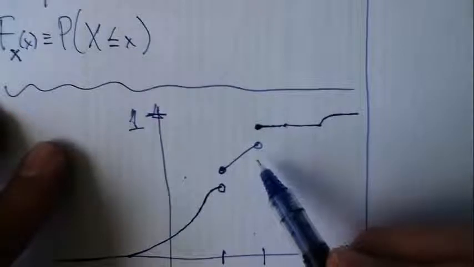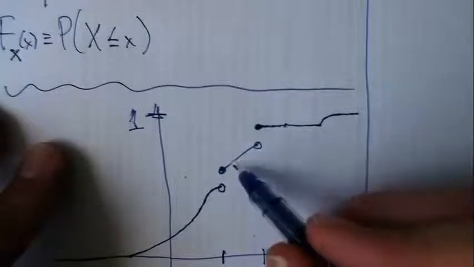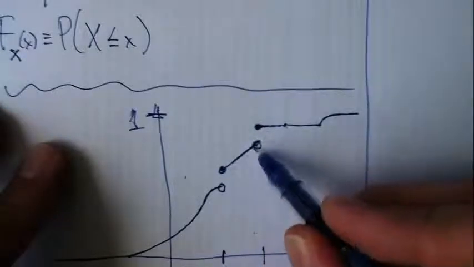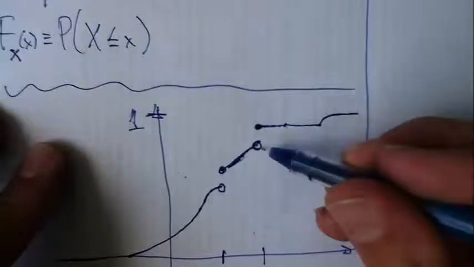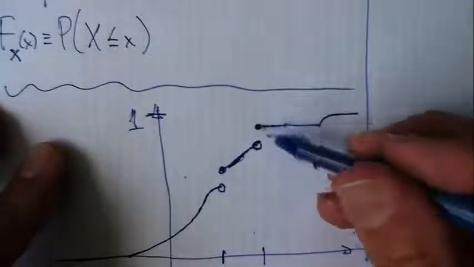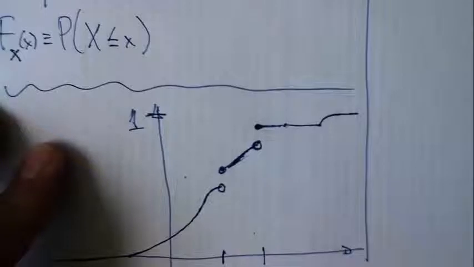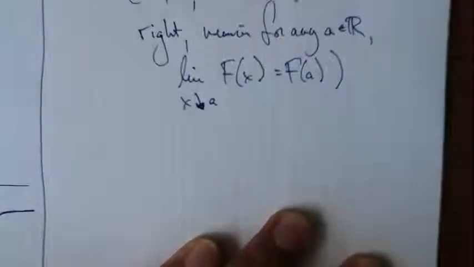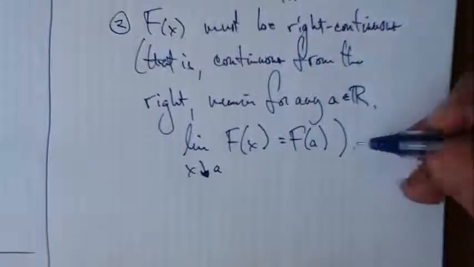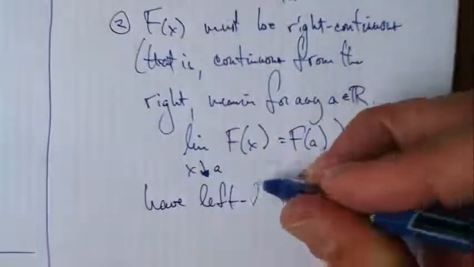It is not, however, left continuous. If I pick any arbitrary point and approach it from the left, the limit is not necessarily equal to the function evaluated at that point. You can clearly see, as I approach B from the left, that the CDF evaluated at B is actually higher than the limit as I approach B. So these must be right continuous functions and have left limits.